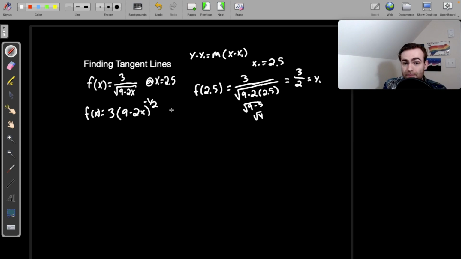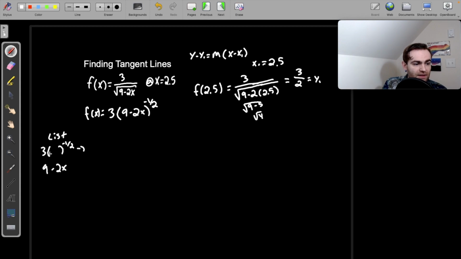We're interested in what f prime of x is, what the derivative is, right? So what's inside, what's outside? I'm going to make my list over here. Outside we have 3 times something to the negative 1/2 power. And inside we have 9 minus 2x.